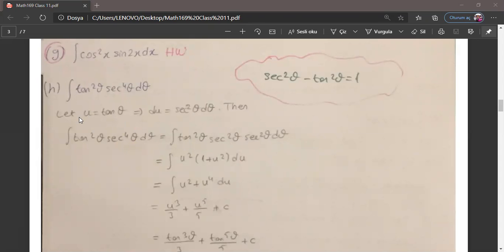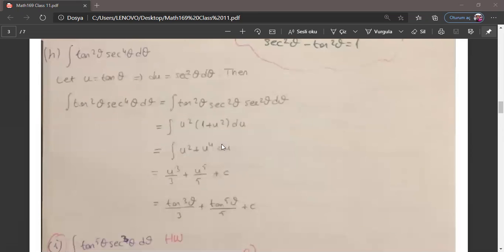Now tangent is u, so we have u squared, and secant squared is, by using this identity, equal to 1 plus u squared, and from this identity we get secant squared times d theta is equal to du. Okay, now we distribute this into the parentheses and get u squared plus u to the 4. So we integrate it and get this one. Remember, u is equal to tangent theta, so we have that.